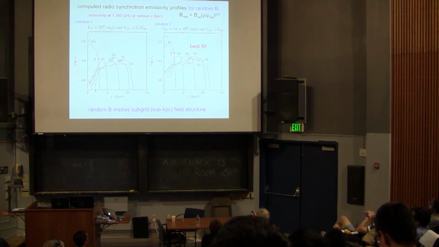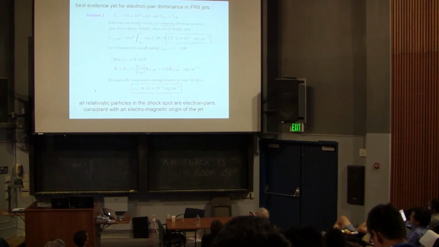And you can see the fit is even better here, between the level of these peaks and the observed peaks. This implies that the field is really sub-kpc, in my case subgrid level.